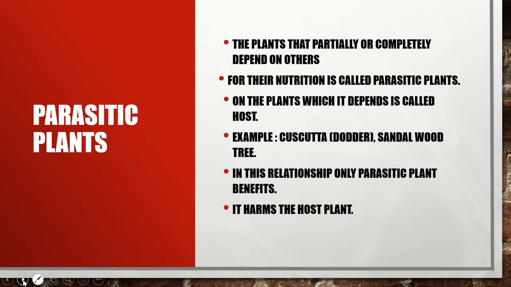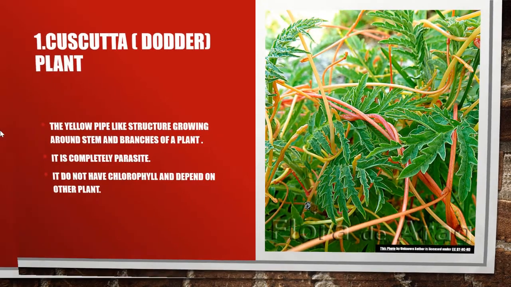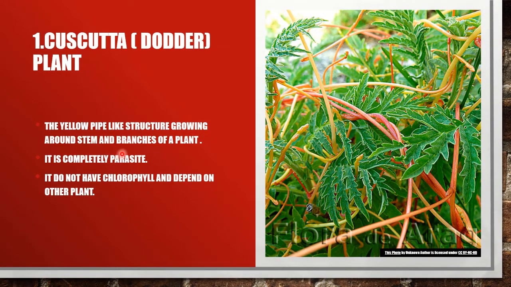Now we will learn about the Cuscuta plant. The yellow pipe-like structure growing around the stem and branches of a plant is the Cuscuta plant. The plant on which it depends for nutrition is called the host plant.